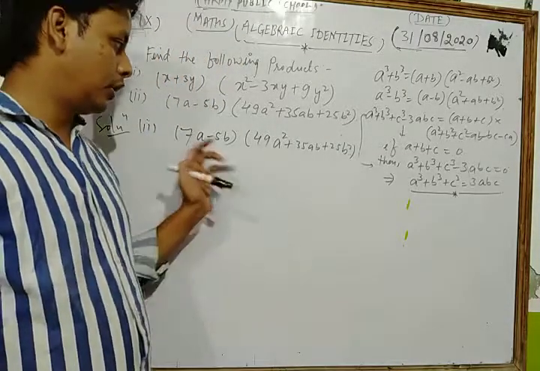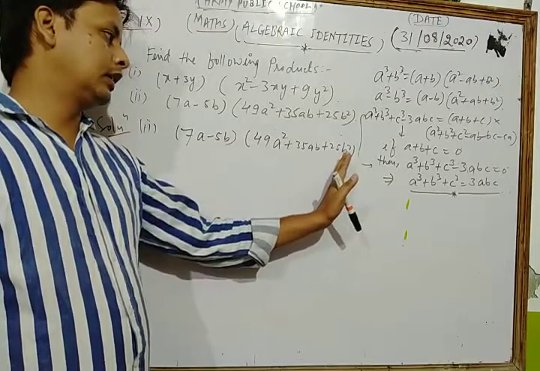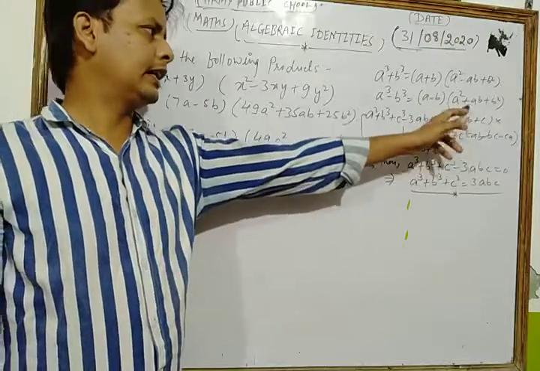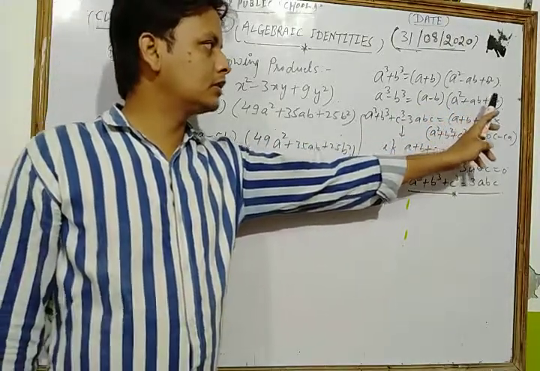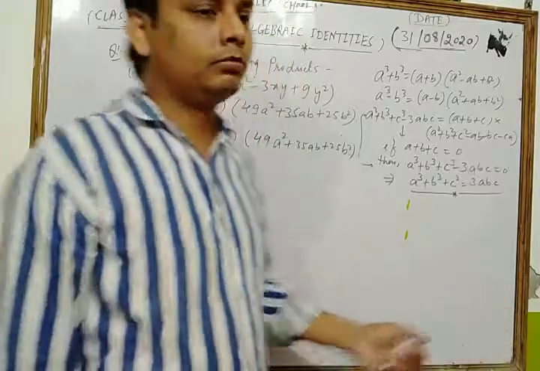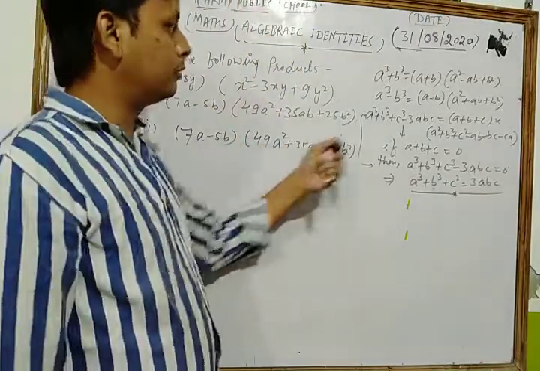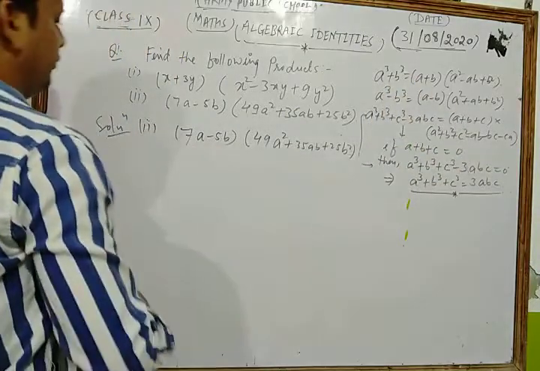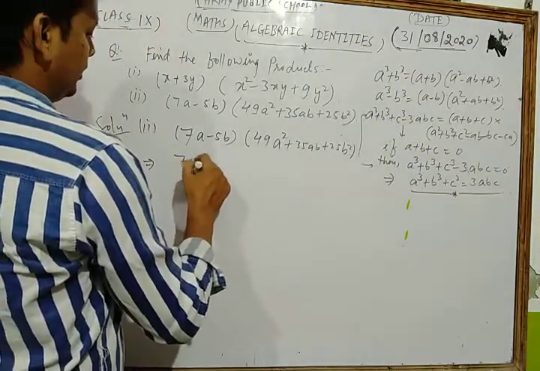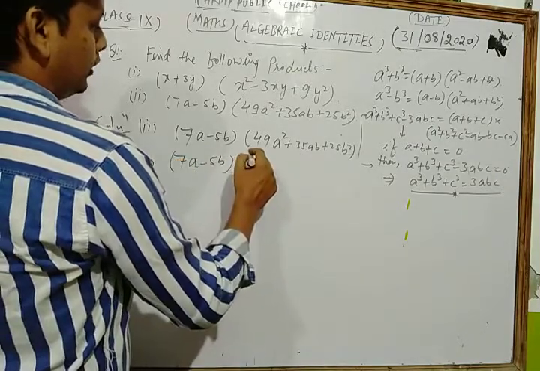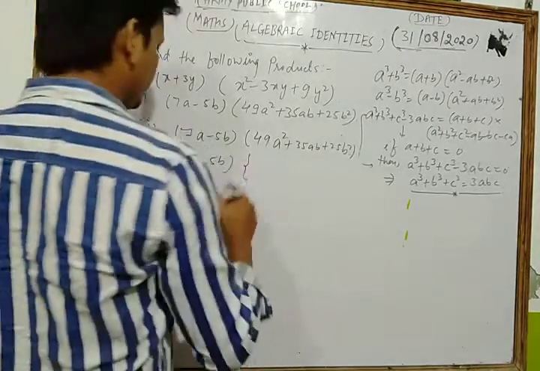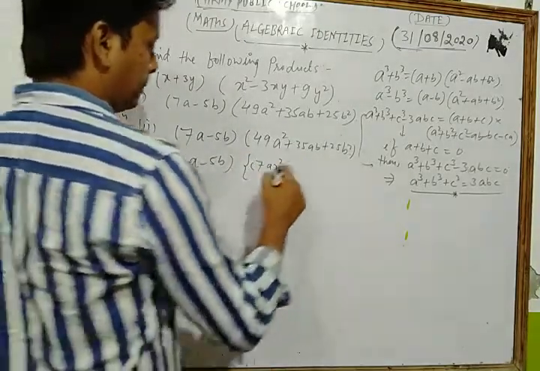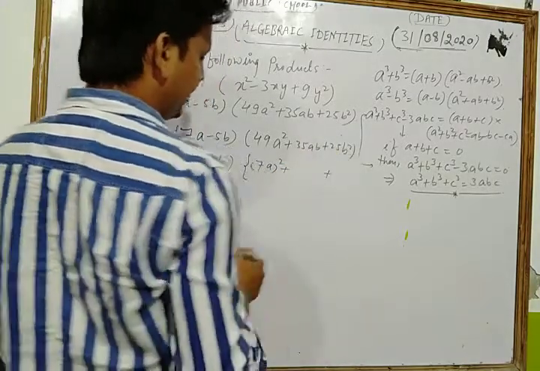First we convert this algebraic expression into the form of a minus b, and in another bracket a square plus ab plus b square, which is the form of this identity. First we write 7a minus 5b as it is. Now in another bracket we write 49a square as 7a square, plus here we write 25b square as what?